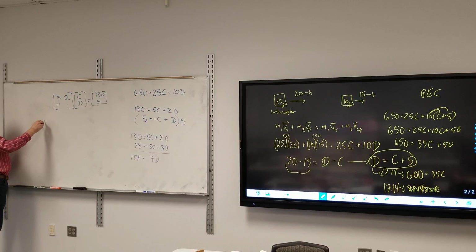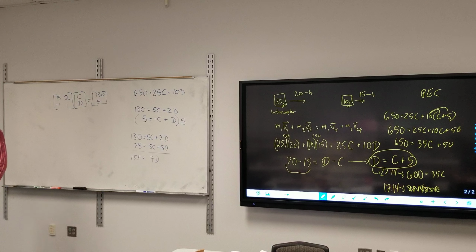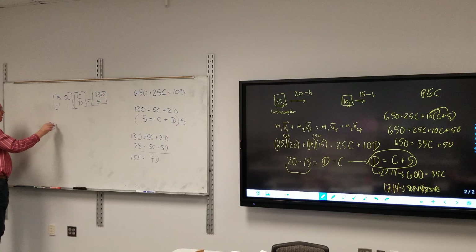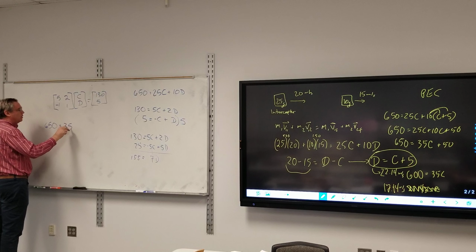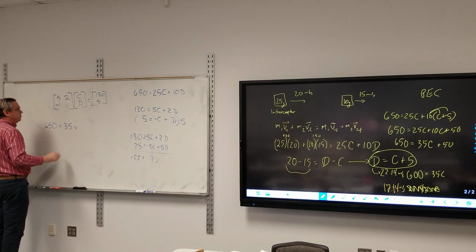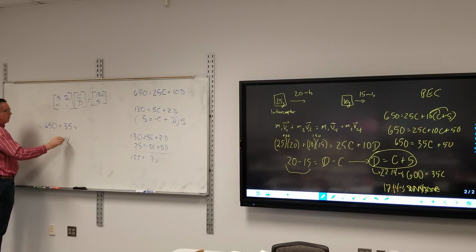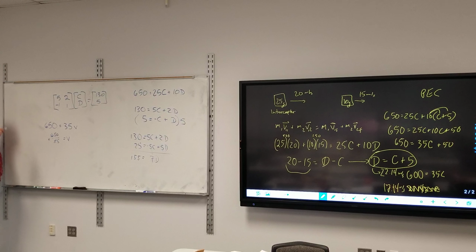Method 3. First off, for method 3, we need to figure out how fast they would be going if it were a perfectly inelastic collision. So I know my momentum was 650, and that's going to be equal to the total mass times V. So 650 over 35.